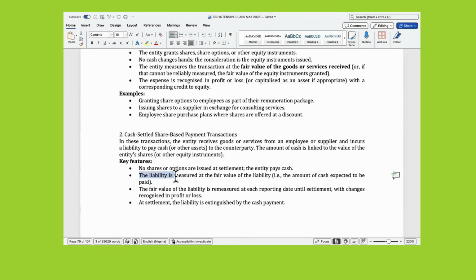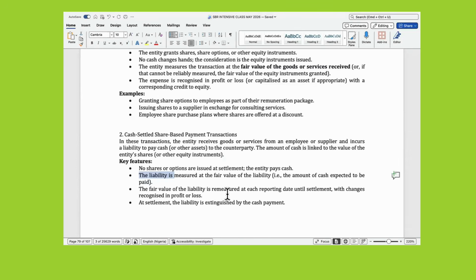When you have an obligation to deliver cash, that is a liability. And that liability is measured at the fair value.